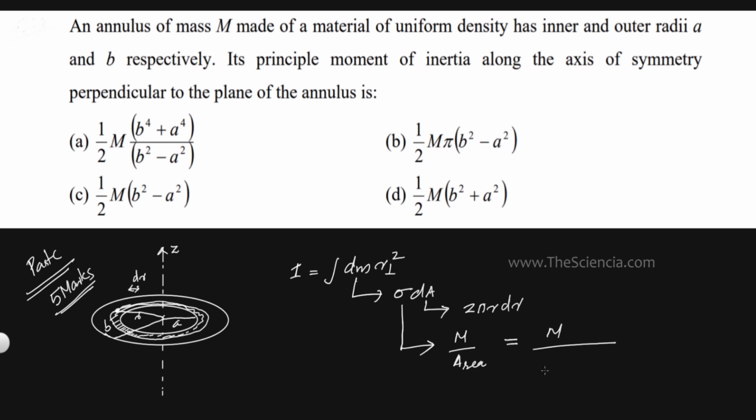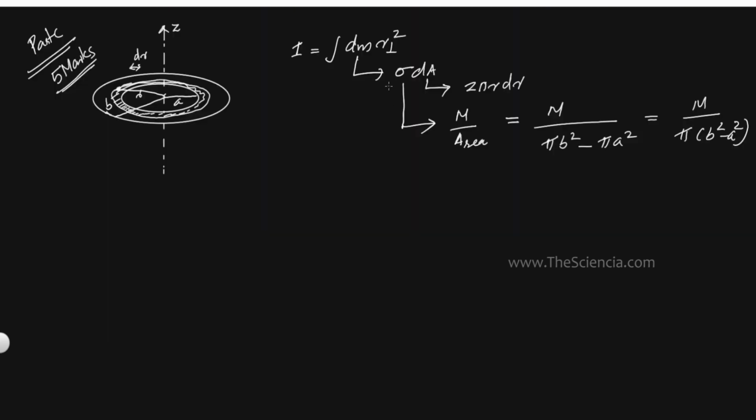So we take the total area, pi b square, the outer radius, minus pi a square, the inner radius. So we get M by pi (b square minus a square). And r perpendicular is nothing but r, so it is r square.